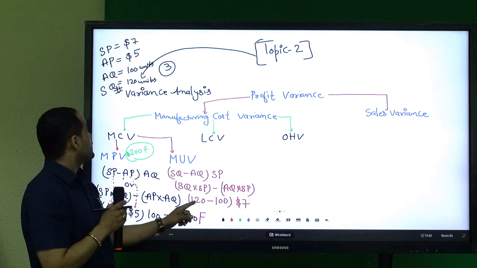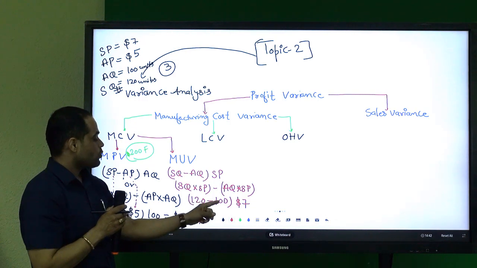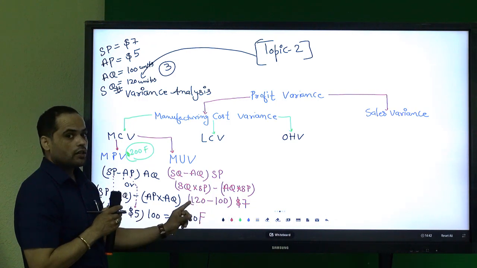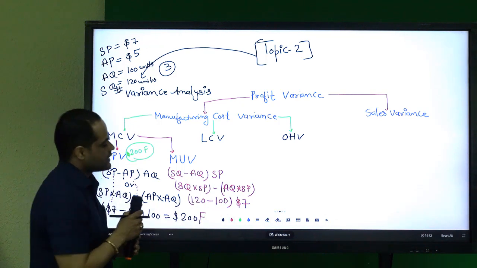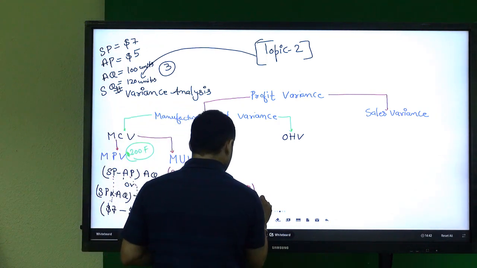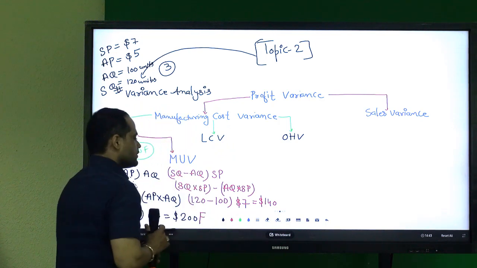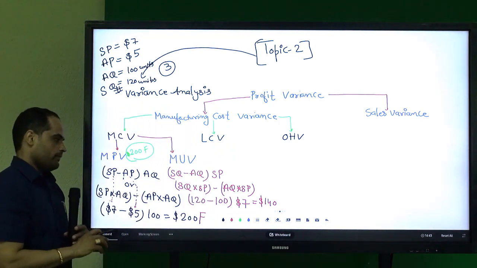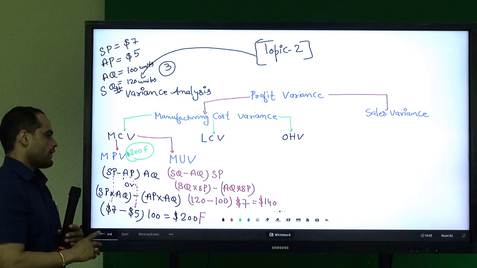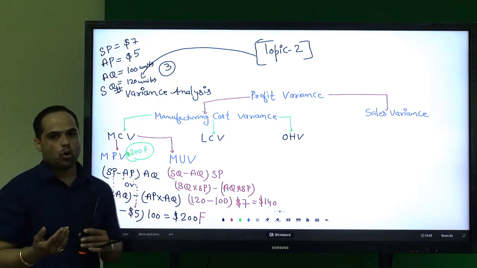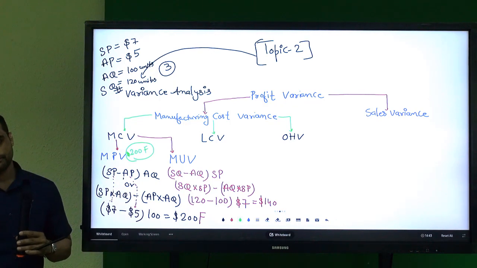So 120 minus 100 is 20, and 20 multiplied by 7 is 140. Now the question is, is this 140 favorable or unfavorable?